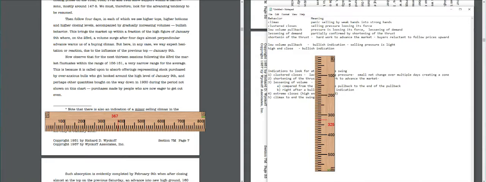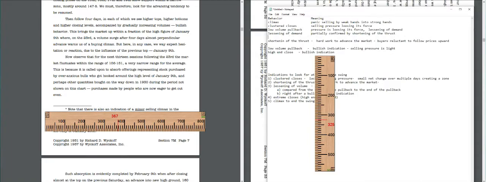All this means is that there are three things that go hand in hand. One is clustered closes, shortening of the thrust, and the other one, low, diminishing volume.